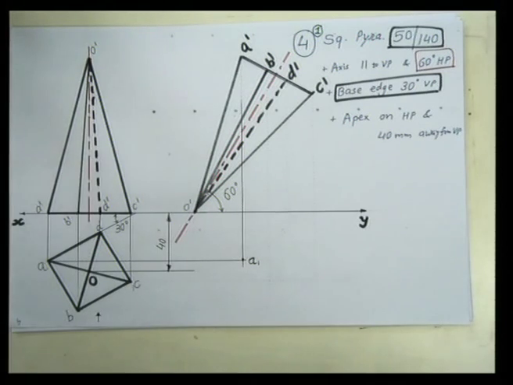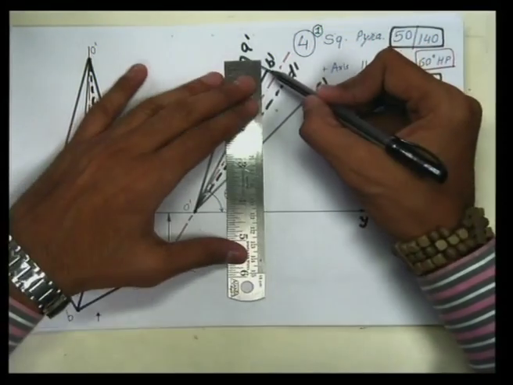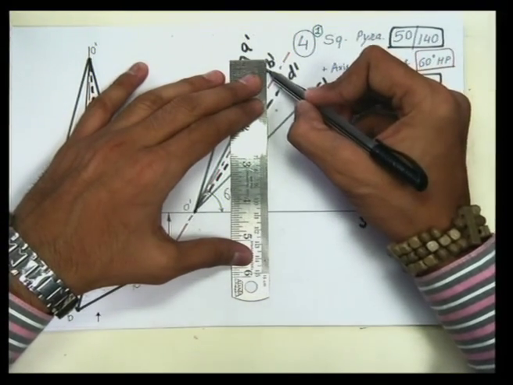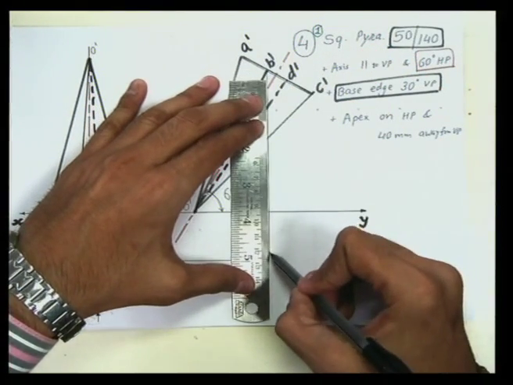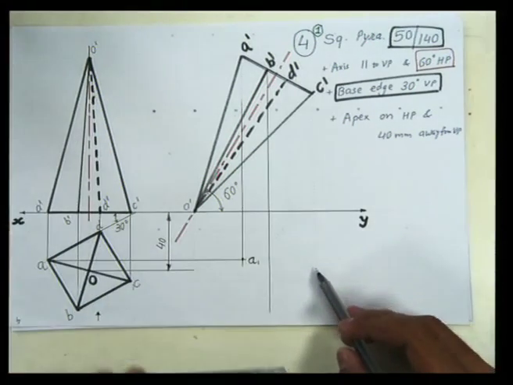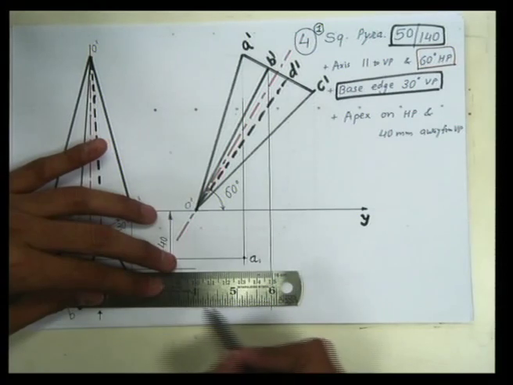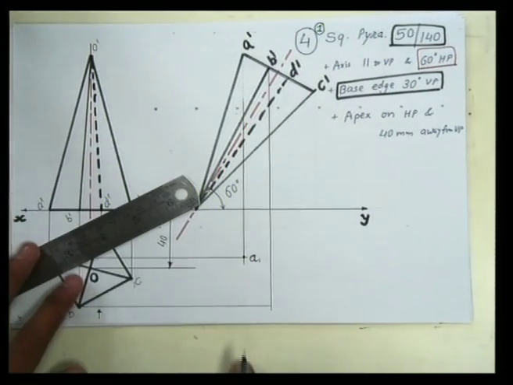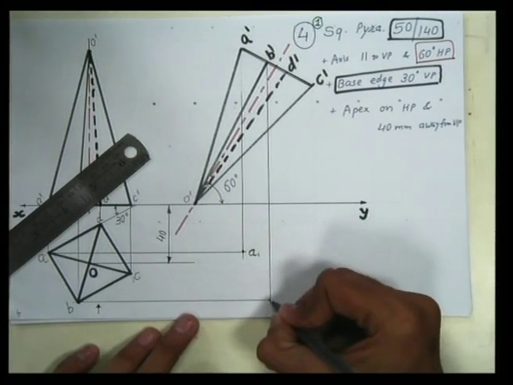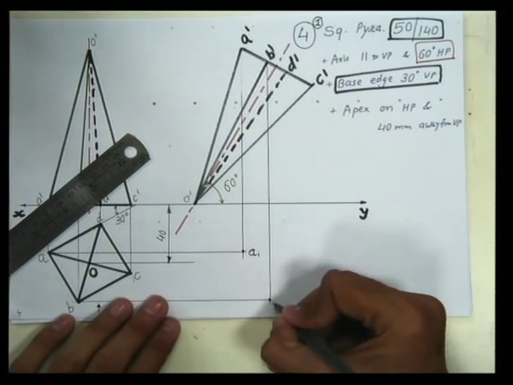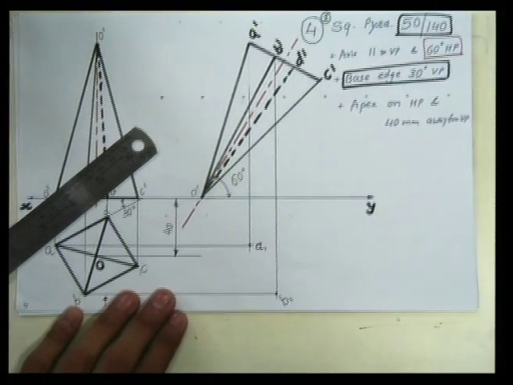Now to locate point B dash, from B dash draw a vertical line like this, and from point B a horizontal line like this, and both these lines will meet at one point somewhere here. This is called point B1.